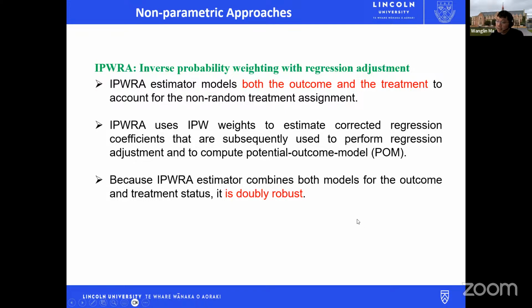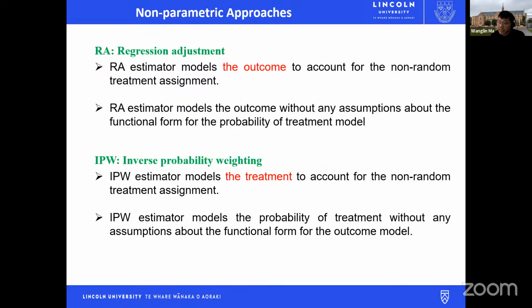The fourth approach is IPWRA. IPWRA is inverse probability weighting with regression adjustment. The IPWRA estimator models both the outcome and the treatment to account for the non-random treatment assignment. Did you see the differences here?